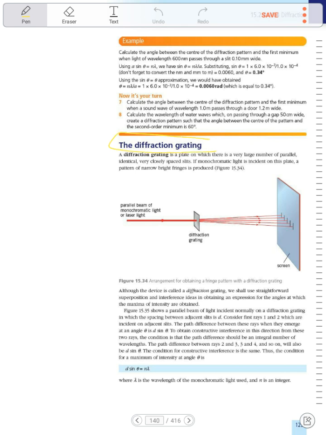The diffraction grating consists of maybe 10,000 small gaps. We call these grooves, as 10,000 slits.